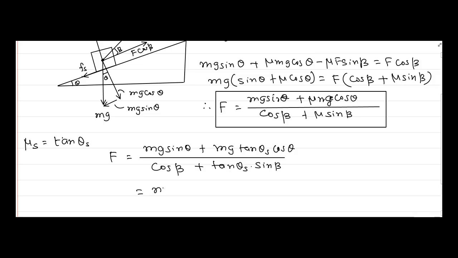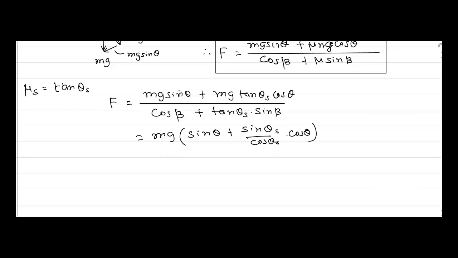Now this I can take as mg sine theta plus sine theta s over cos theta s into cos theta, divided by cos beta plus sine theta s over cos theta s into sine beta.